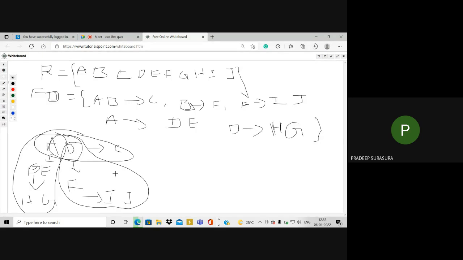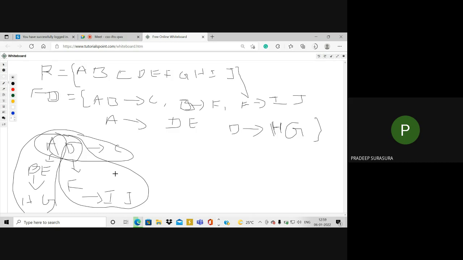R is in 1NF according to the definition of 1NF. 1NF says all attributes in a given relation are atomic. Then write down, R is in 1NF because all values are atomic. Write down the second normal form definition.